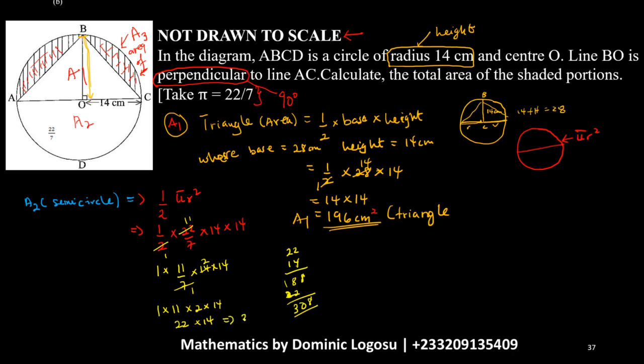So let me bring it here, 308 centimeters squared. Now let's go ahead and look for the area for the circle itself. So area 3, which is circle. Okay. So area 3 is pi r squared.